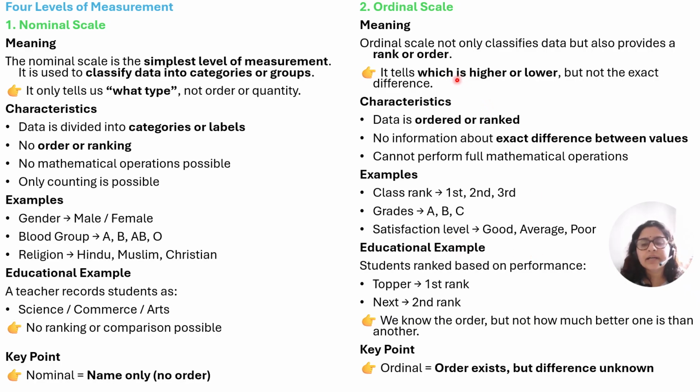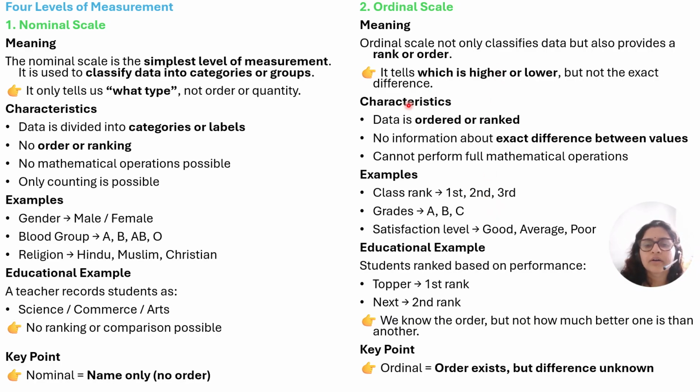It will tell which is higher and which is lower, but not the exact difference. In classroom ranks, it is just giving first, second, and third. It is not telling how much difference there is between the first rank person and the second rank person, and it is not telling how much difference there is between the second and third. It is simply giving the order.